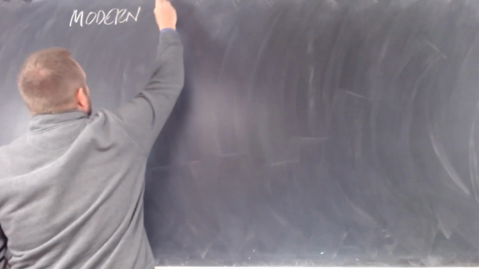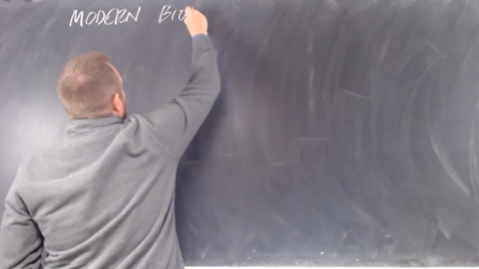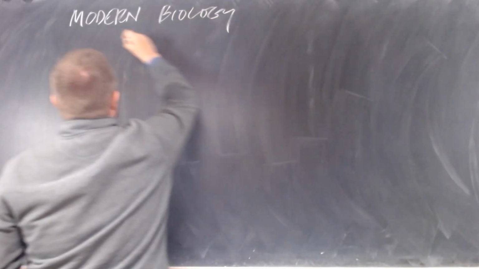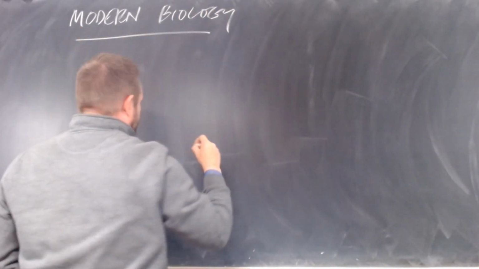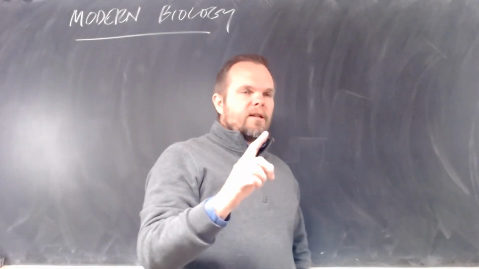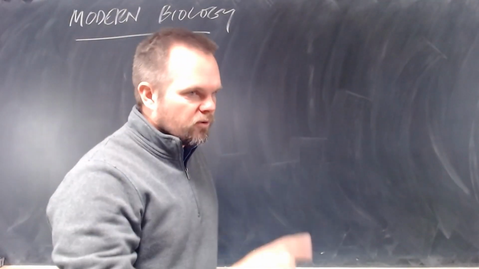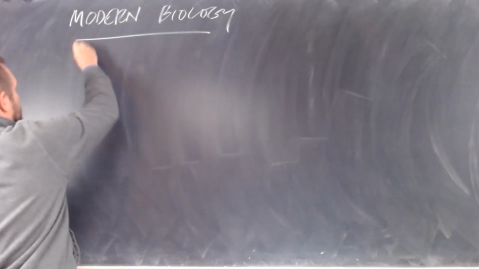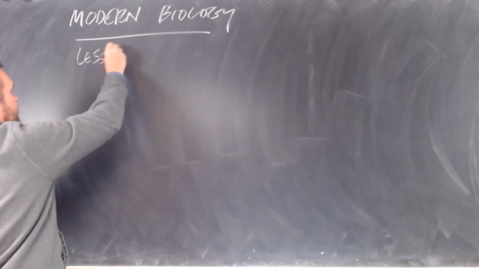So the course, this is Modern Biology. This is our third class, but we're studying the content of Lesson 2 in the online course. So this is our first study of Lesson 2.